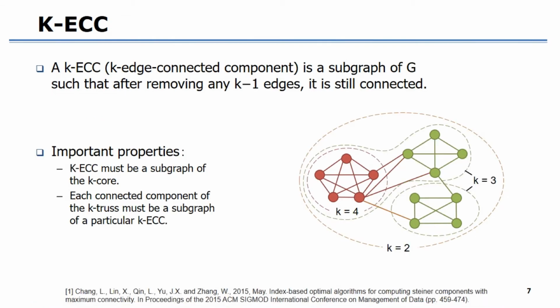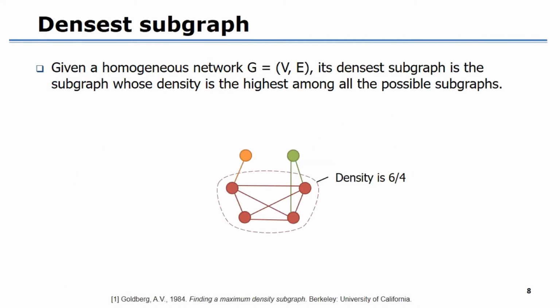A K-edge connected component is a subgraph of G such that after removing any K-2 edges, the subgraph still remains connected. A K-edge connected component must be a subgraph of the K-core, and each connected component of the K-truss must be a subgraph of a particular K-edge connected component. This directly follows from the definitions of K-core, K-truss, and K-edge connected component.